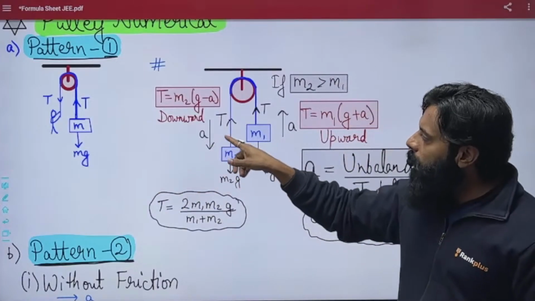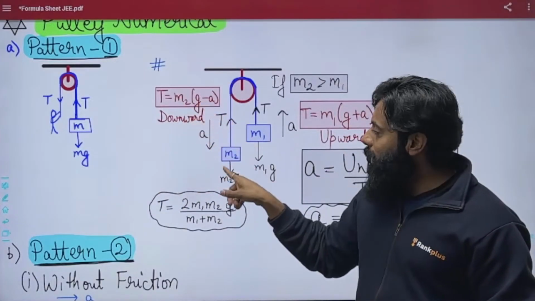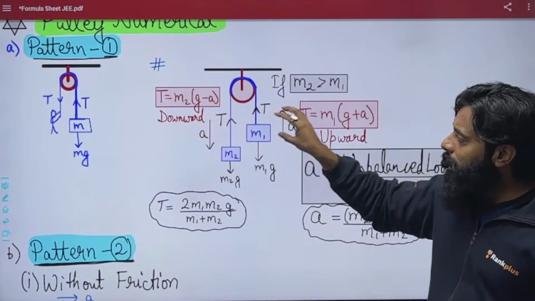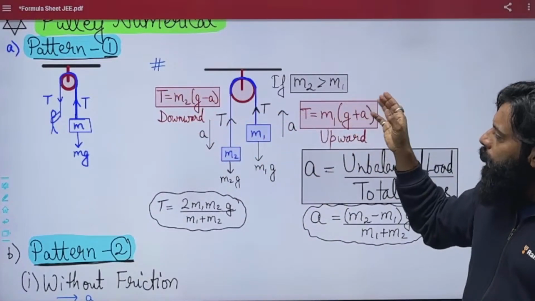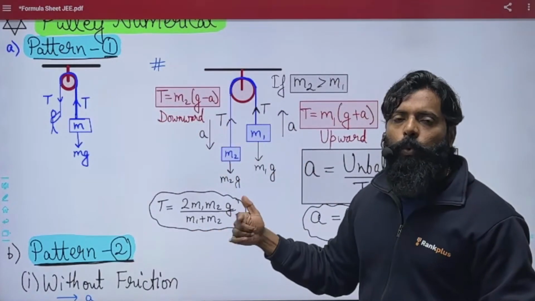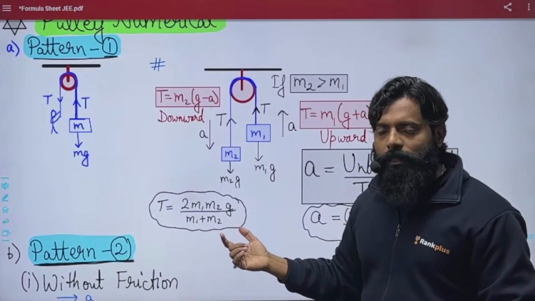So here it is m2(g minus a), considering only the mass of the object. This is how we frame the equation. If you solve these, you will get the tension as 2 m1 m2 g divided by (m1 plus m2), right?